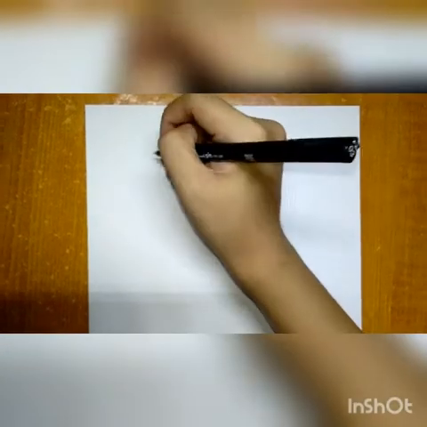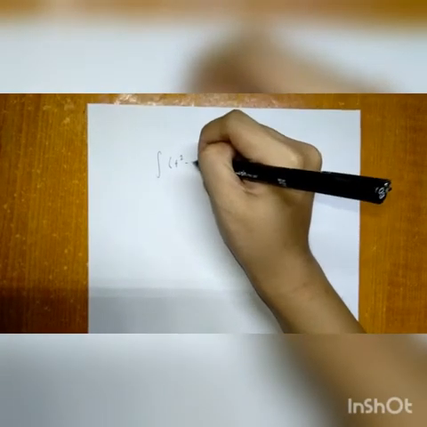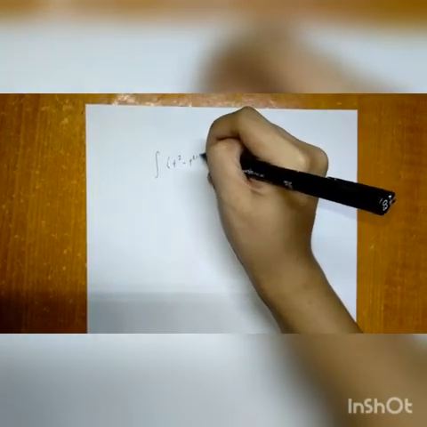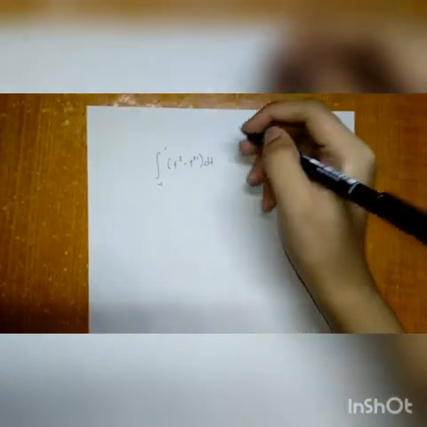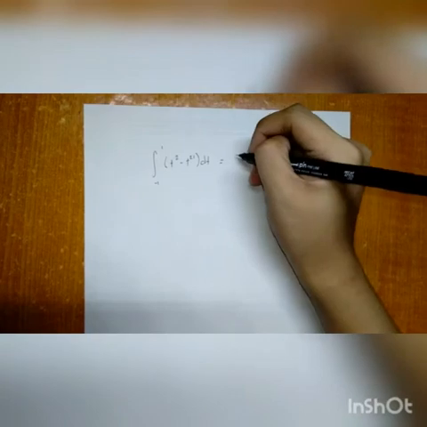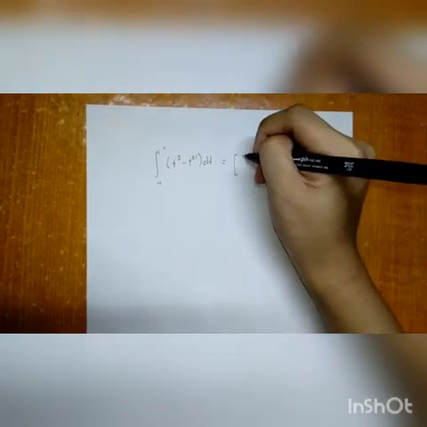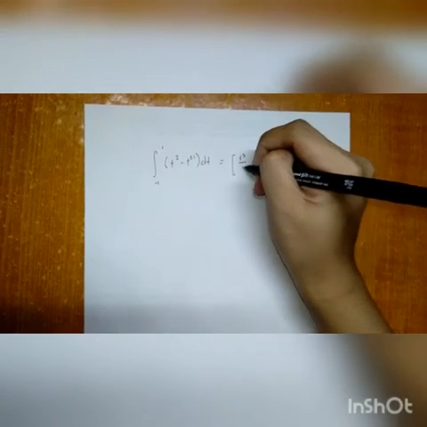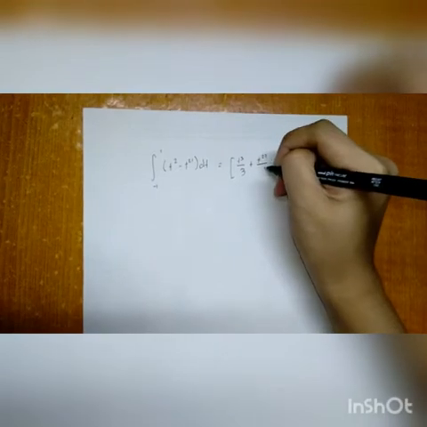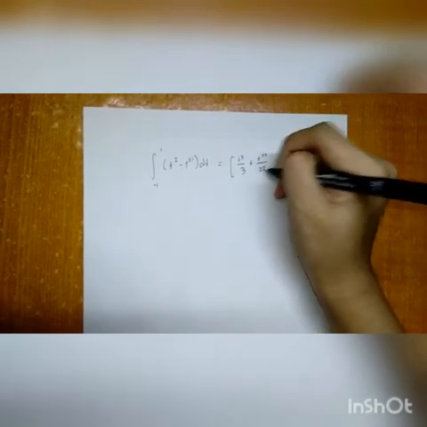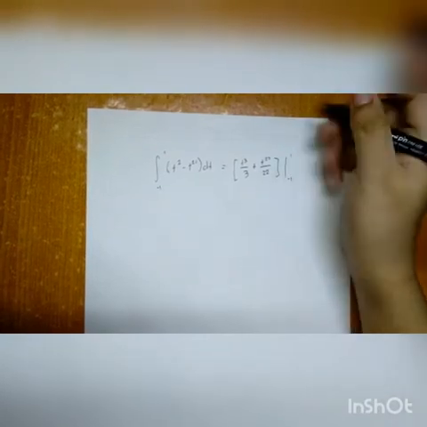Example number 2. The integral of t squared minus t raised to 21 dt from negative 1 to 1. Again, find the antiderivatives of these two: t cubed over 3 plus t raised to 22 over 22, evaluated from negative 1 to 1.